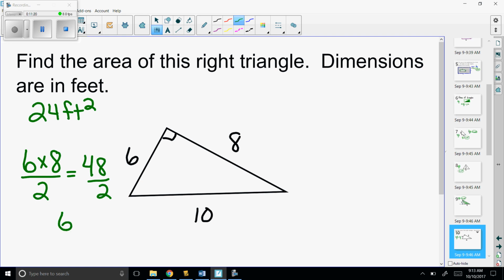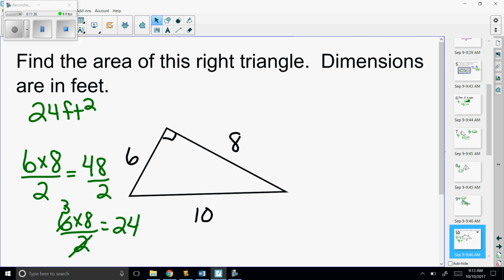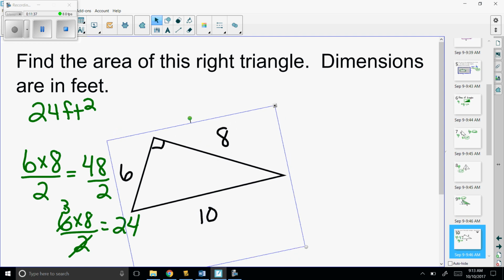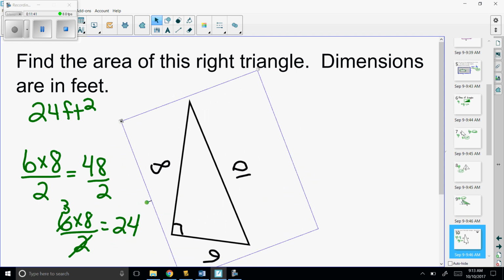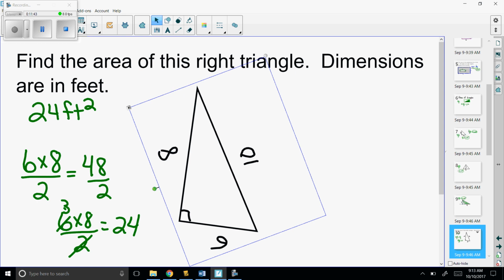If I took 6 times 8 and divide by 2, 2 goes into 6 3 times, what's 8 times 3? 24. How do you find the base or the height of this? Some of you think that 10 might be the base, but if you rotate this, all you were working with was a right triangle where the base is 6, the height is 8.